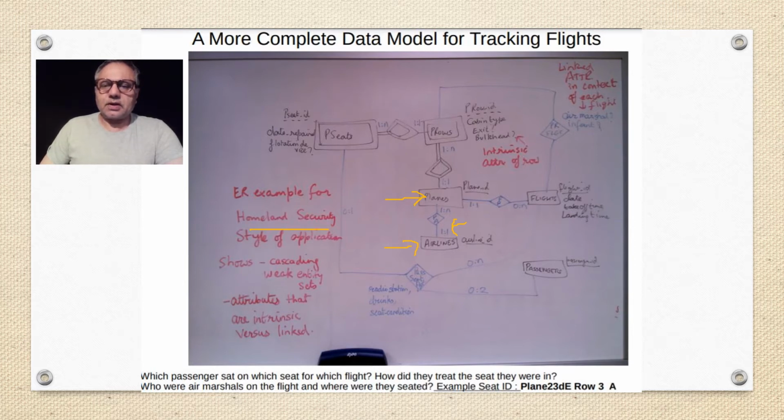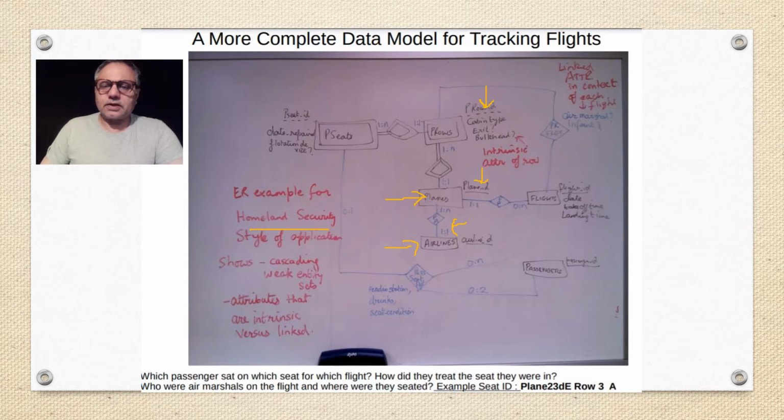Okay, the next thing we want to look at is this weak entity set called passenger rows. And this would be like, for example, row 23 or row 22. So there'll be 1,000 or 10,000 or 100,000 different row 22s, probably one for each plane. And so in order to identify a particular row within our system, we need the plane ID and we also need the row ID.